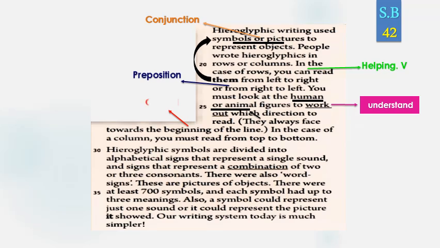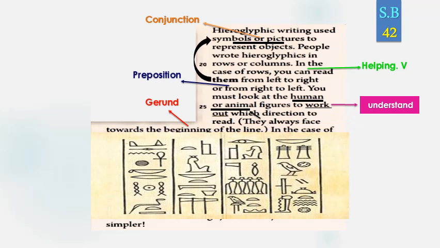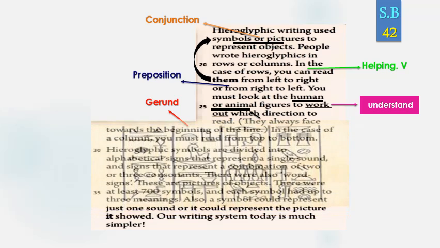So here we have "beginning", it is a gerund, and look at this picture. So this picture is in the case of columns. So you must read from top to bottom.